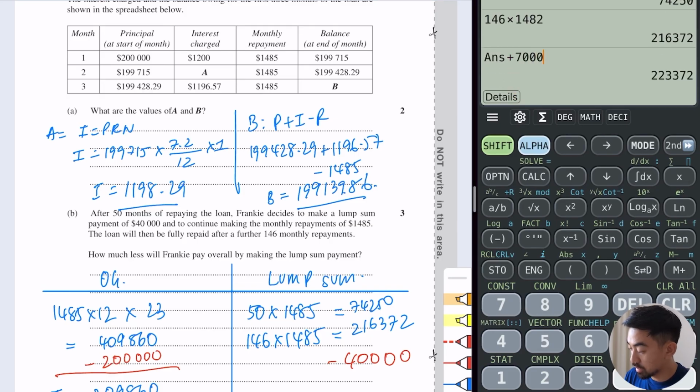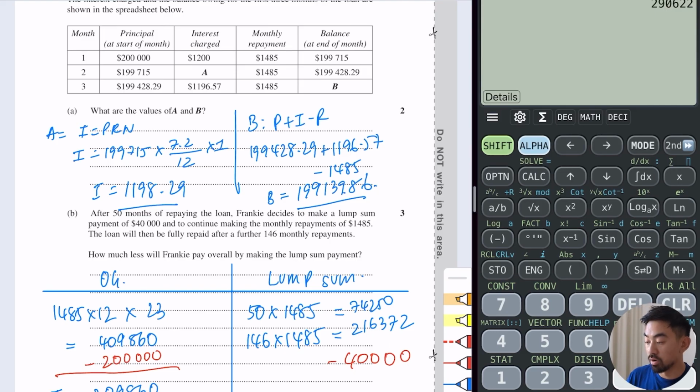So I'm going to add all the repayments. So that's all the repayments is going to be 290,622, and I'm going to take away the 40,000, which gets me at, so her total interest here is 250,622.